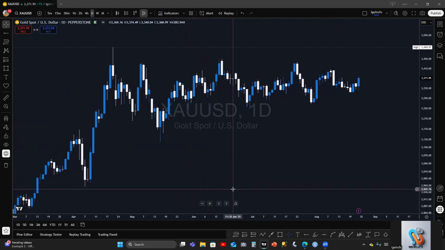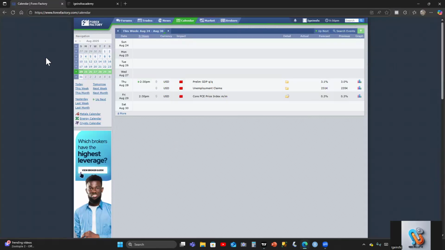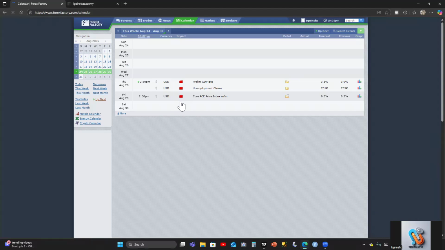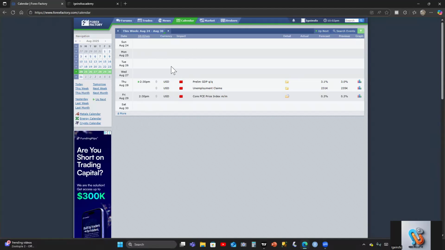Then you will come and execute your trade. So that being said, for the fundamental analysis, don't forget, guys, that you need to go to forexfactory.com. You click on calendar, then you see all the news that are ahead. From the 24th of August to the 30th of August, we have just Thursday and Friday, because Monday, Tuesday, Wednesday, there's no news as regards USD.